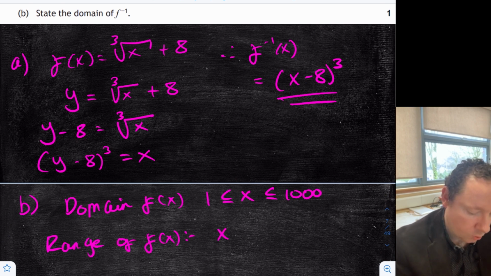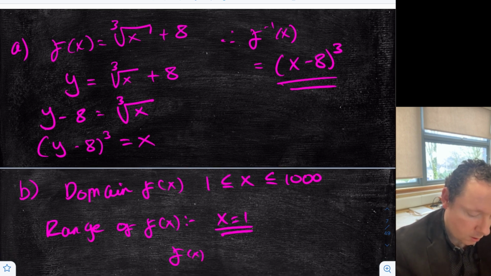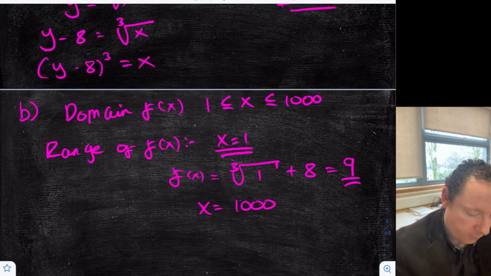So when x equals 1, f of x equals the cube root of 1 plus 8, which is equal to 9. And when x equals 1,000, f of x equals the cube root of 1,000 plus 8.